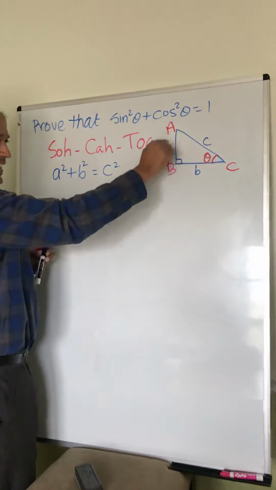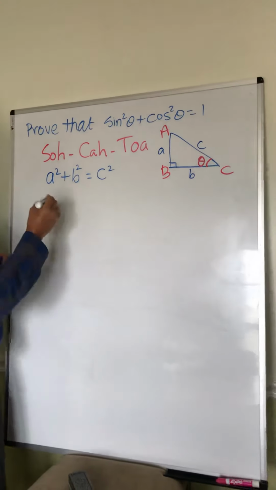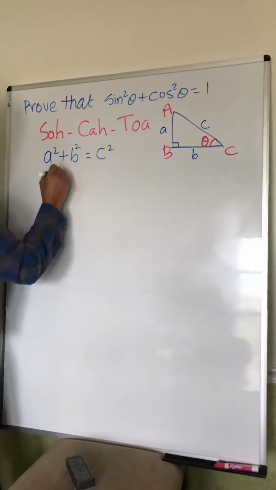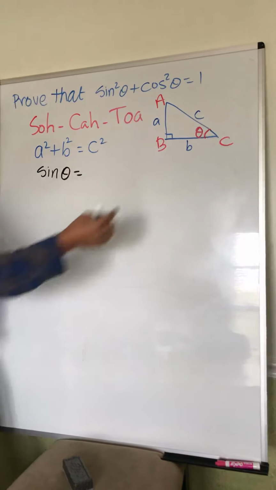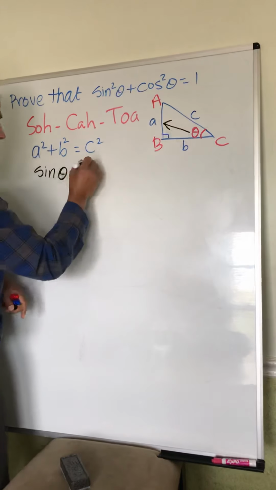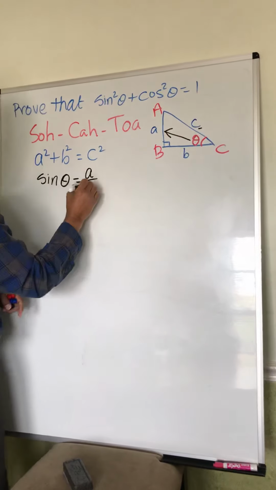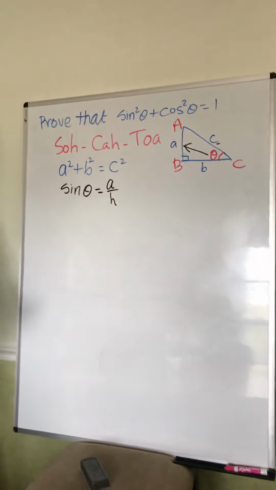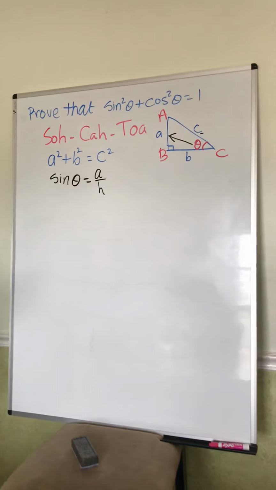The side opposite angle theta is A, and the hypotenuse is C, so sine theta equals A over C.